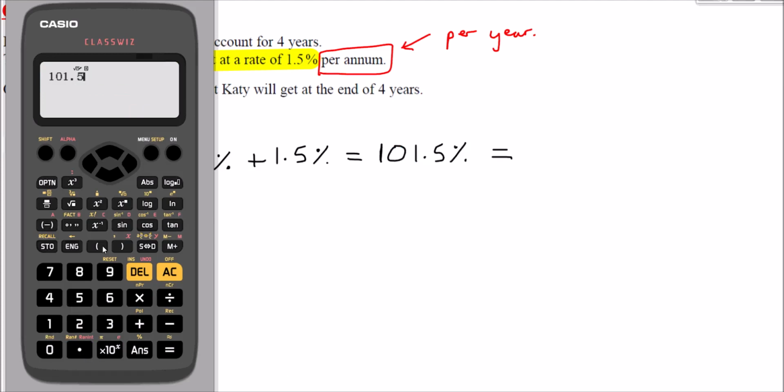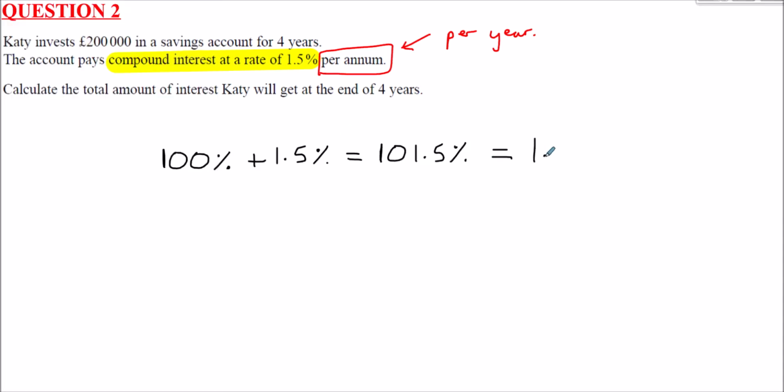So 101.5. If I press Shift %, or to change from a percentage to a decimal, we divide by 100. Either way, we'd get 1.015. And this number here is crucial.